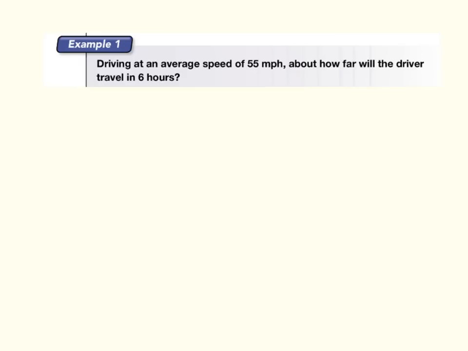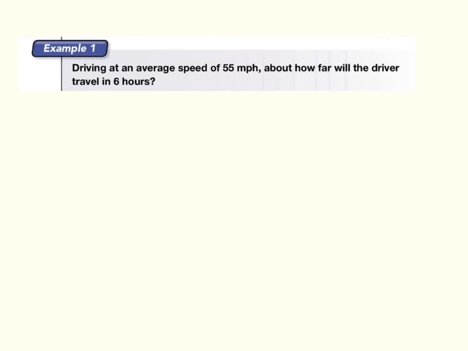Write down example 1. Driving at an average speed of 55 miles per hour, about how far will the driver travel in 6 hours? Well, we just had that in our notes. If we take the miles per hour and we multiply by how many hours they're driving, then we'll get how far they travel.